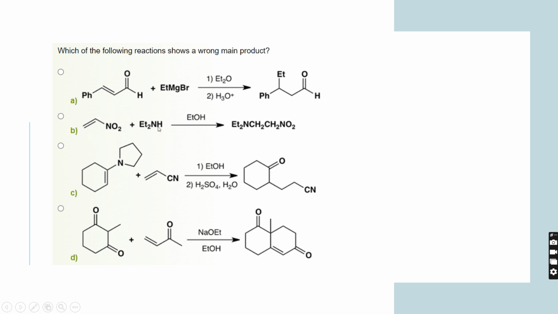So this incoming nucleophile will add up to this double bond at this electron deficient center, which is in conjugation with the electron withdrawing nitro substituent. And you will generate a carbanion here, which will take up a proton from the ethanol solvent present in the medium.